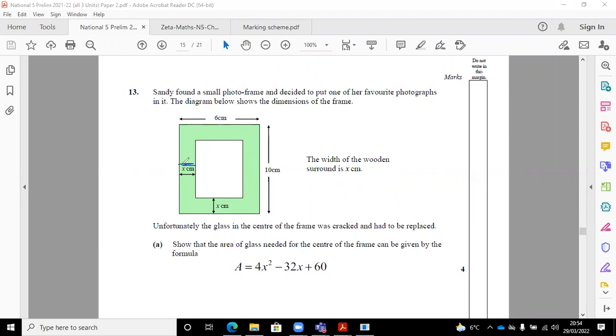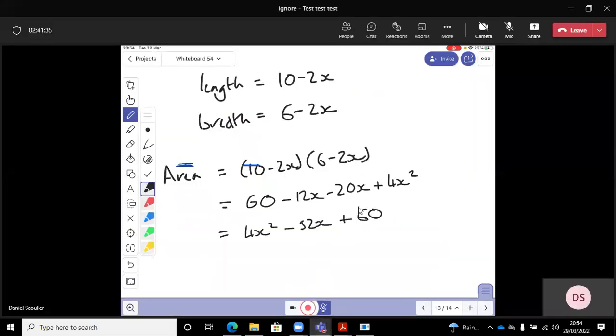We're taking away this, which is x centimetres, and we're taking away this, which again is x centimetres. So it's 6 minus x minus x, to get us that. That's 4 marks.